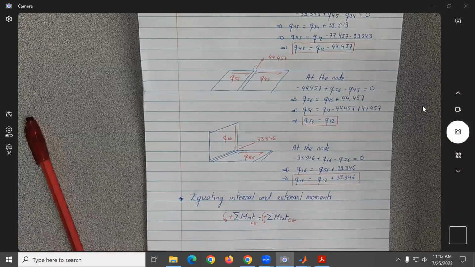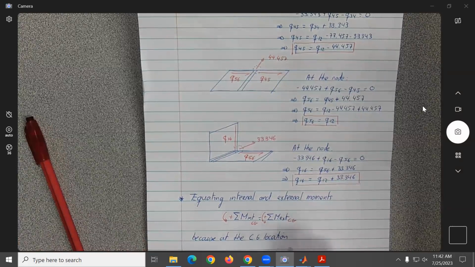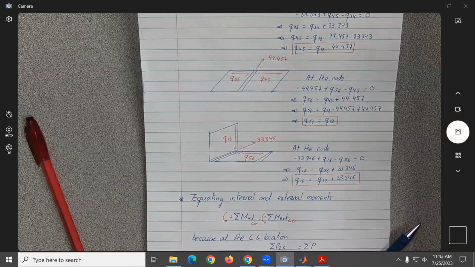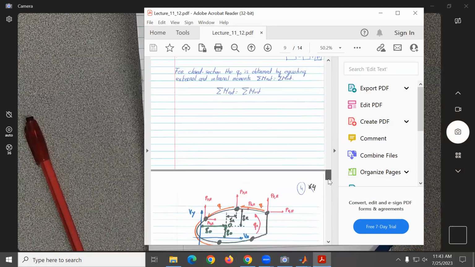So let's write it again. Because at the CG location, we're going to have... I need to find out which notation I use over here. I think I did that last time, but I don't have the notes with me. Oh, here we go. That's the figure.